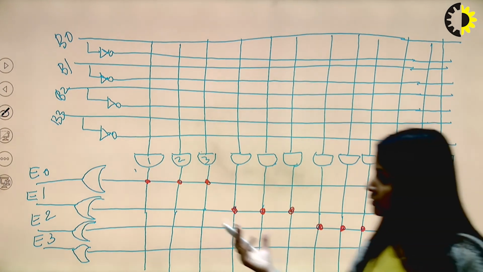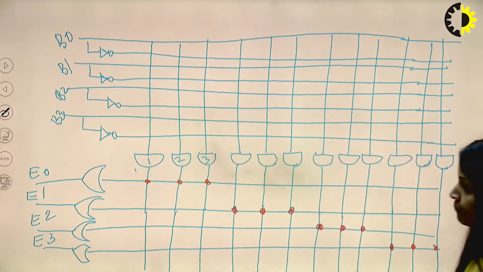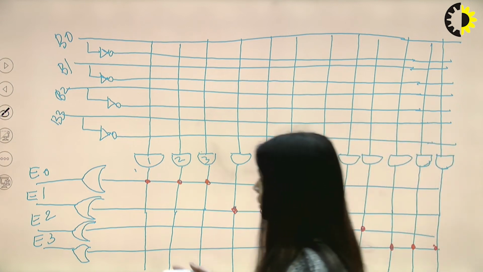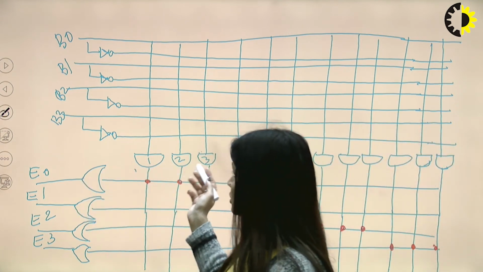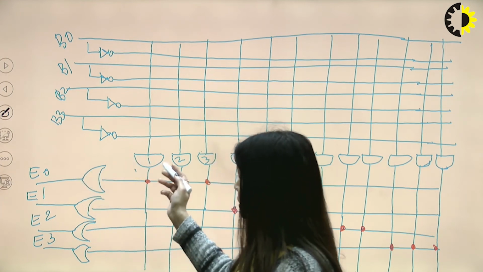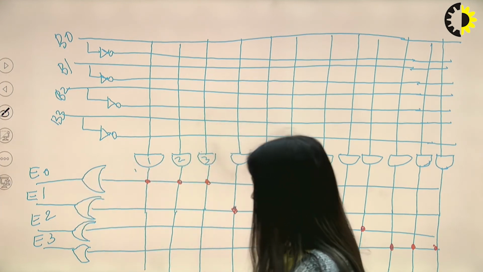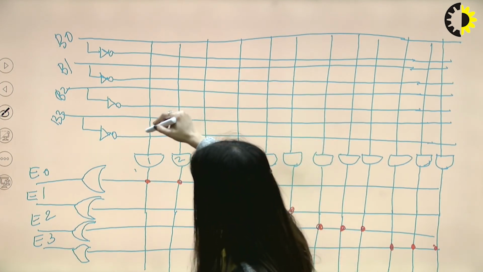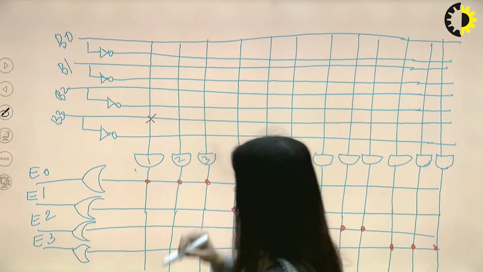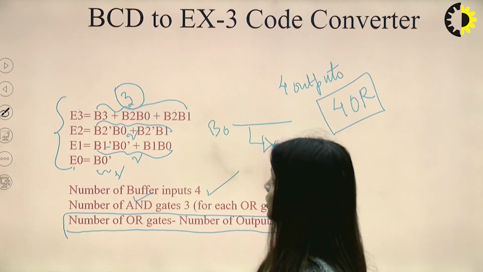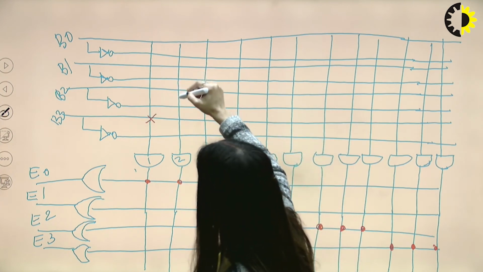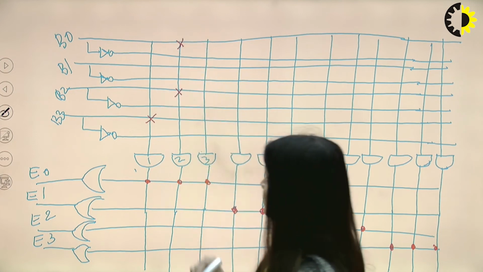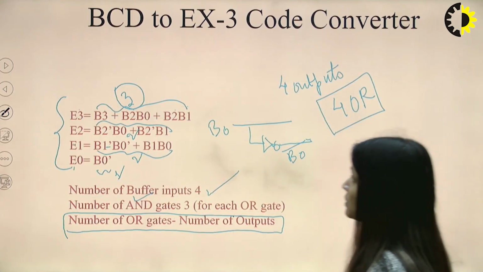So this is how PAL is different from PLA. Now let us come to the expression. I will give the expression E0 from these three AND gates, because these three AND gates belong to E0. So E0 is B3 plus B2 B0, second, plus B2 B1.